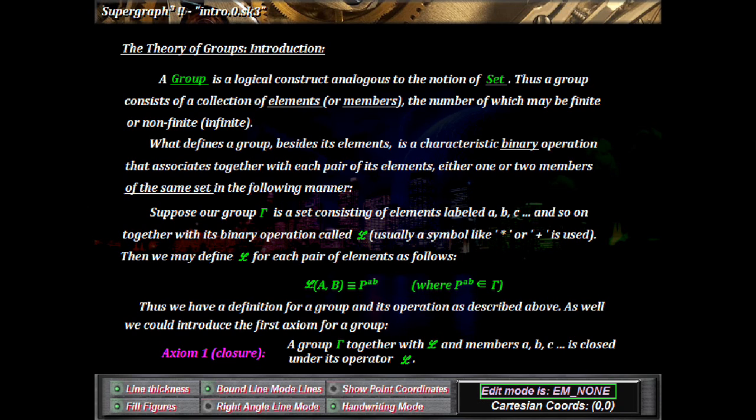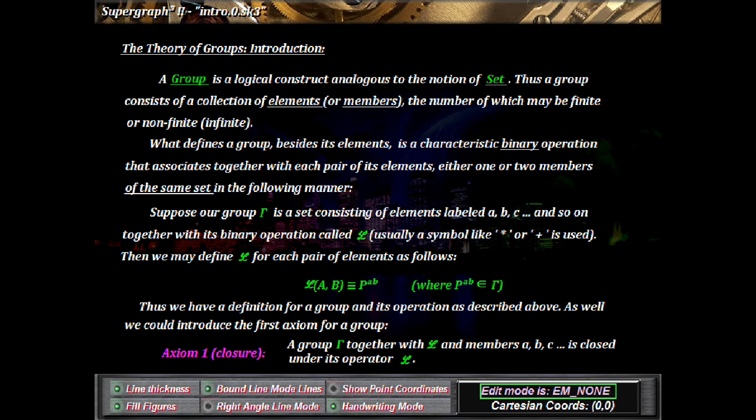Okay, so we have some objects and we have a thing called a binary operation. Binary operations are things that require two inputs and might produce one output, or in this case, one or two.